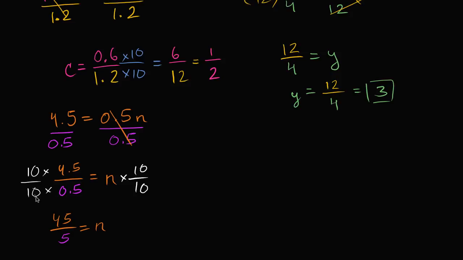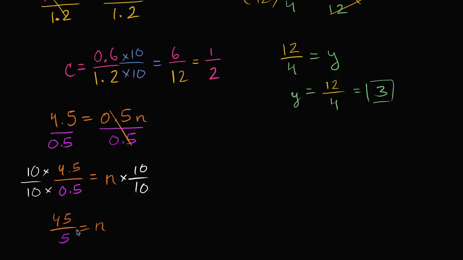I'm just trying to rewrite the left-hand side by multiplying it by 1 in a kind of creative way. But notice, n times 10 over 10, well, that's still going to just be n. So I'm not violating this principle of whatever I do to the left-hand side, I do to the right-hand side. You can always multiply one side by 1, and you can do that as many times as you want. Like the same way you could add 0 or subtract 0 from one side without necessarily having to show you're doing it to the other side, because it doesn't change the value.